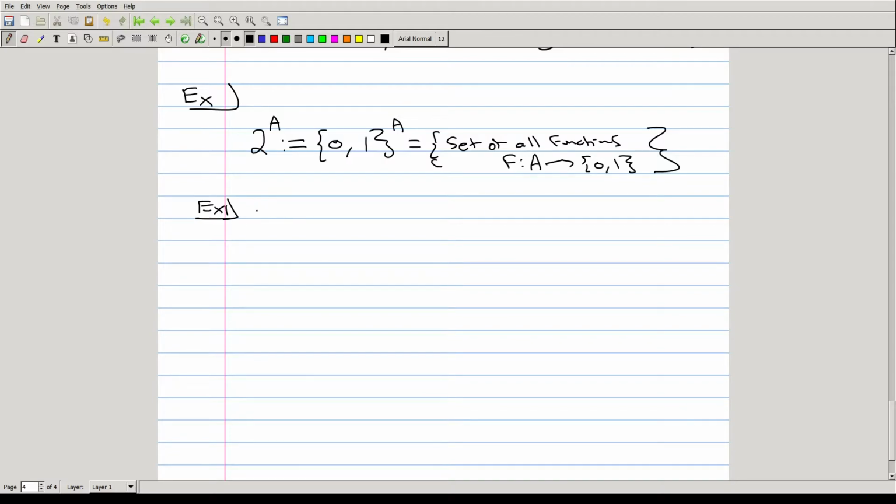I'll just take the set {a, b, c}, and 2 to the A, the set of functions: f empty set, f a, f b, f c, f ab, f ac, f bc, and then lastly f abc.